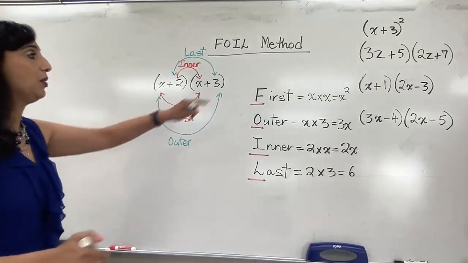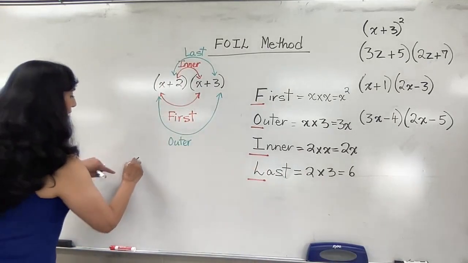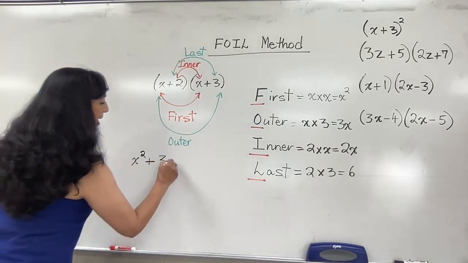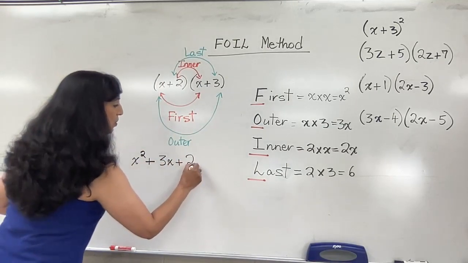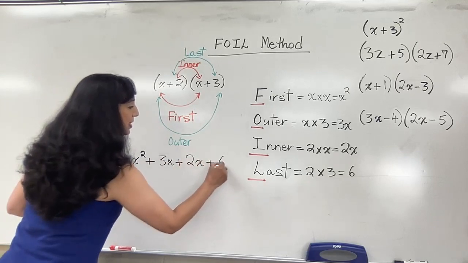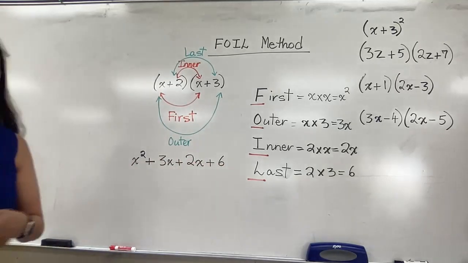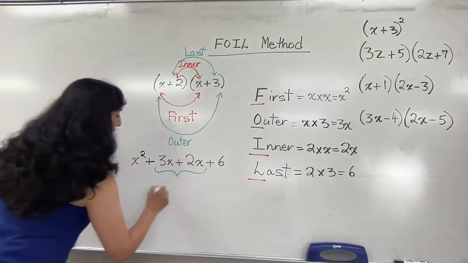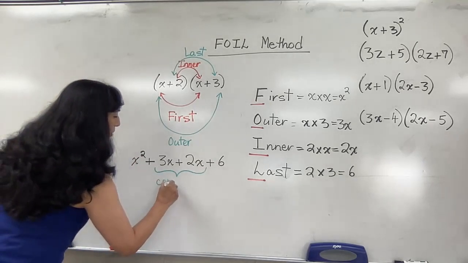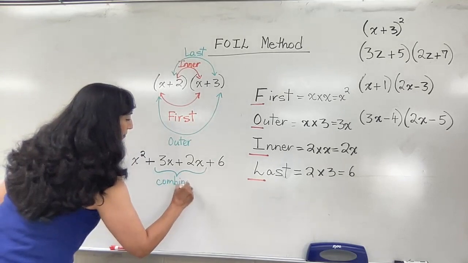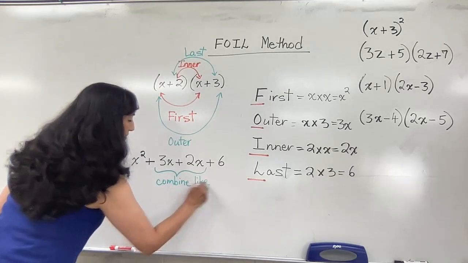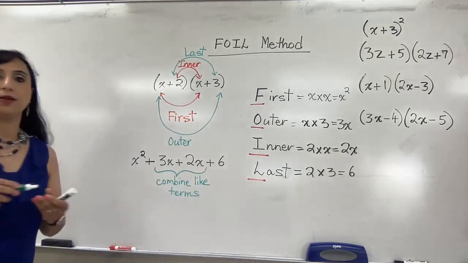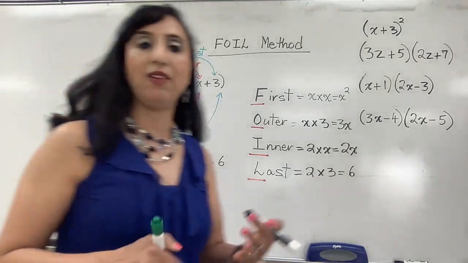All right, so just wanted to show you what I'm multiplying. Then all I do is I take those and I have x squared plus 3x plus 2x plus 6. These two are my like terms, so I'm going to combine like terms. If it's addition, I will add the like terms.